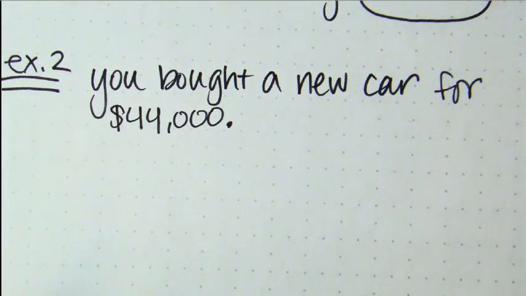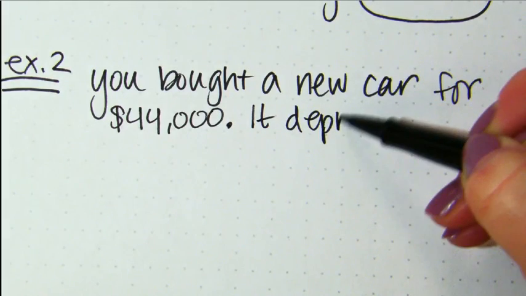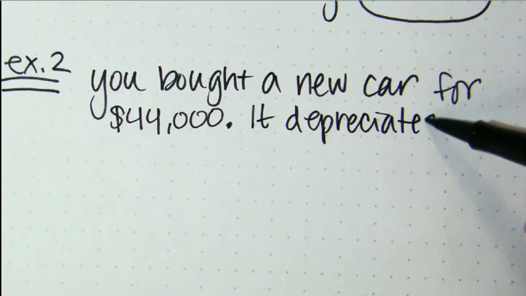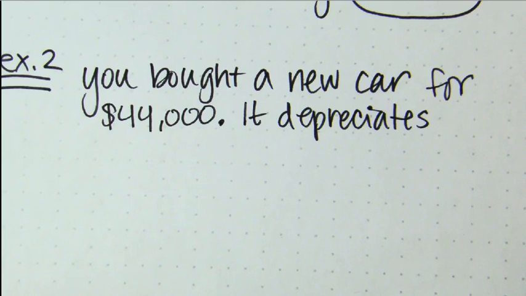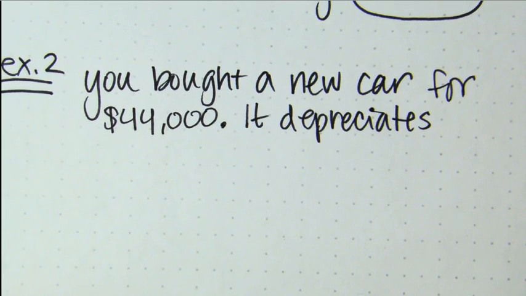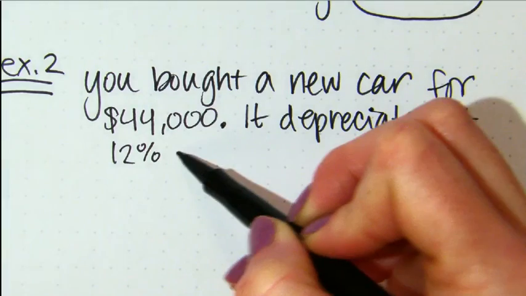It's a nice car for $44,000. I mean, nothing crazy. It depreciates. Now, depreciate means goes down in value, which is how cars work, unfortunately. It depreciates at 12% each year.